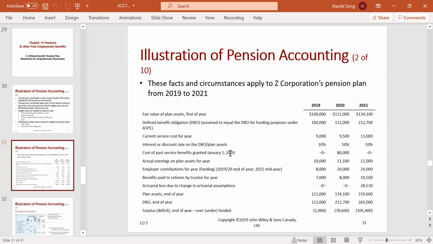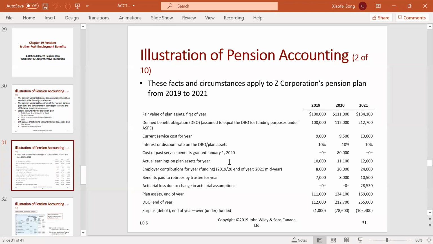Whereas if the amendment happens at the end of the year, there will be no time to accrue interest on this amount yet. Does that make sense? So the timing matters. If it's granted at the beginning, there will be 1 year of interest we need to recognize. If it's granted at the end of the year, we'll start accruing interest next year.